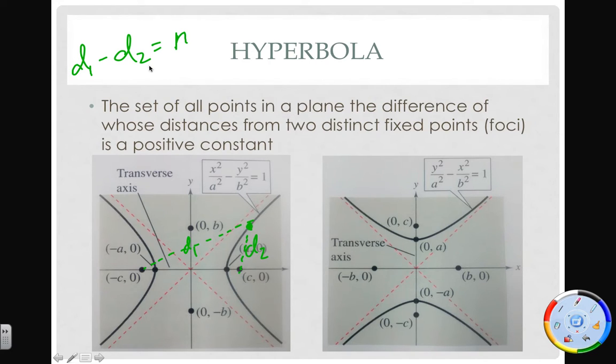Now, that's just the definition. This doesn't usually come into play in any of the problems we deal with. Same thing with the ellipse. I didn't mention that before. We don't really need this particular definition, but it's how the hyperbola and the ellipse are defined using focus points.